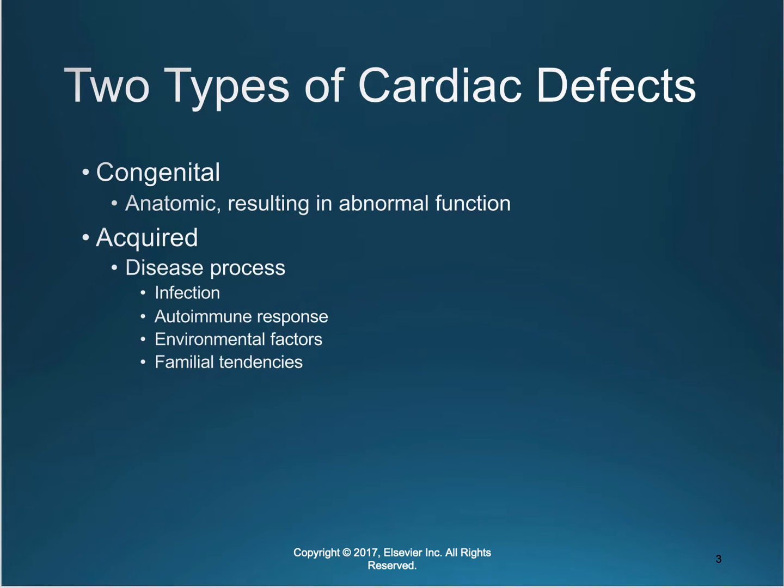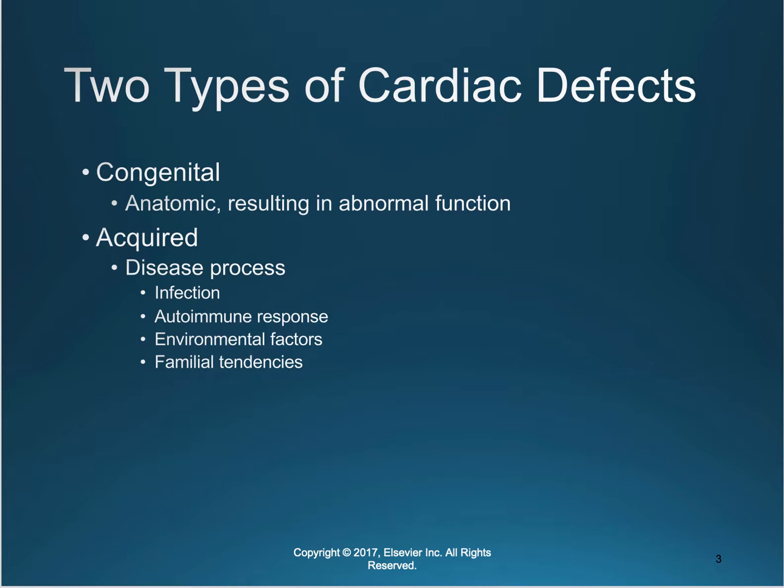So there are two types of cardiac defects. One is congenital and one is acquired. Congenital would be some anatomical defect that results in abnormal function. The acquired has to do with a disease process.